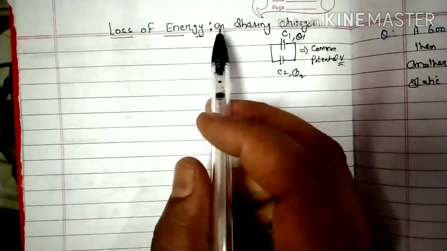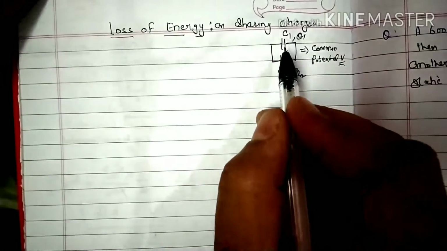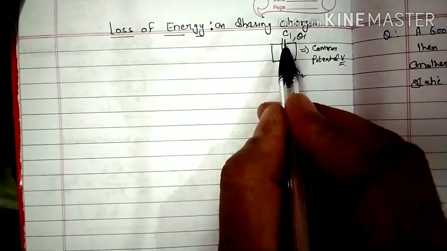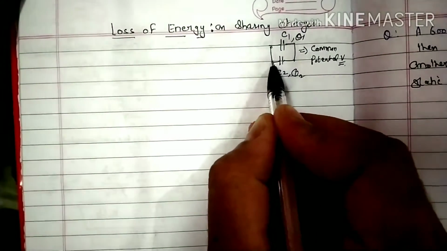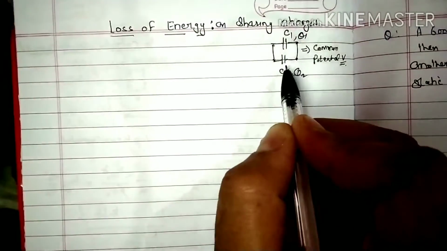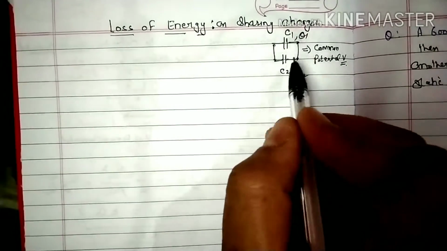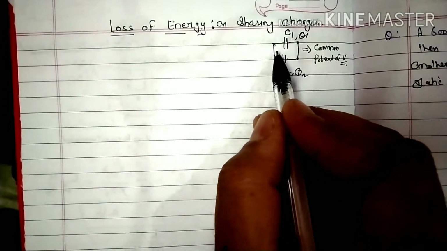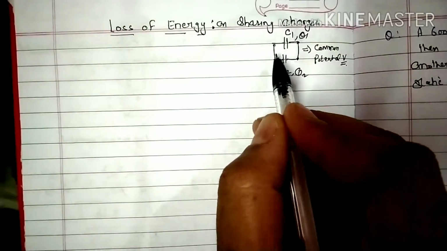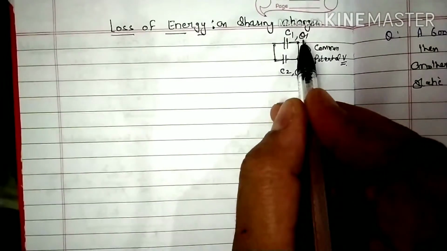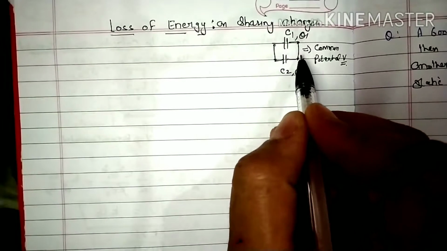But here there is loss of energy. Suppose we have two capacitors C1 and C2 connected with the connecting wires. When charge flows from one capacitor to the other, or there is redistribution of charge in the system of two capacitors, then there is production of heat in the connecting wires, because charge will distribute throughout the connecting wires.